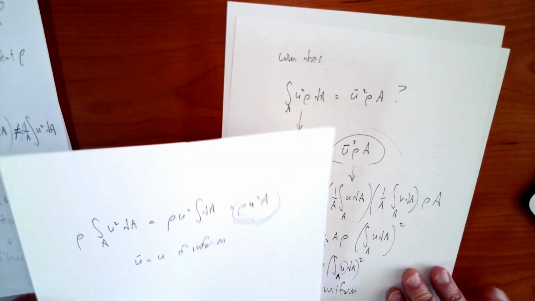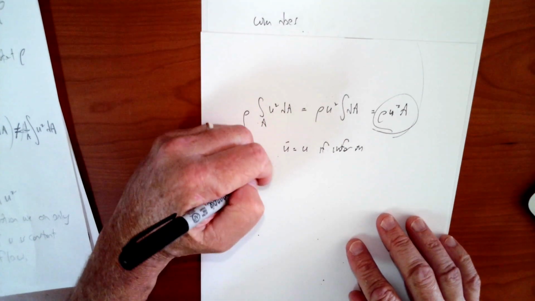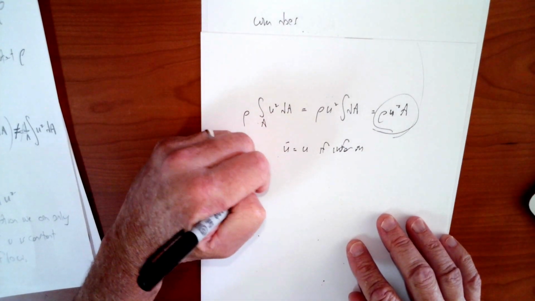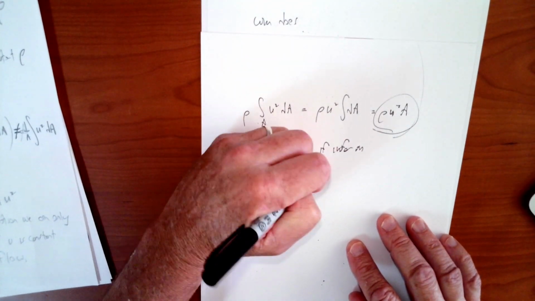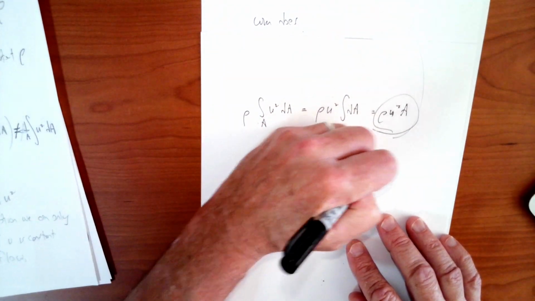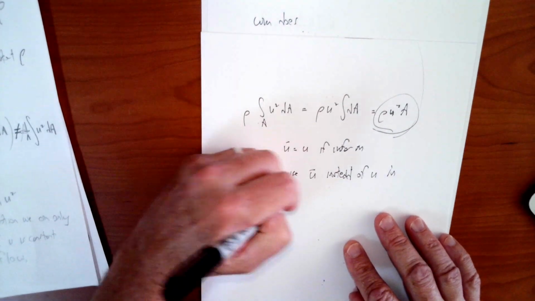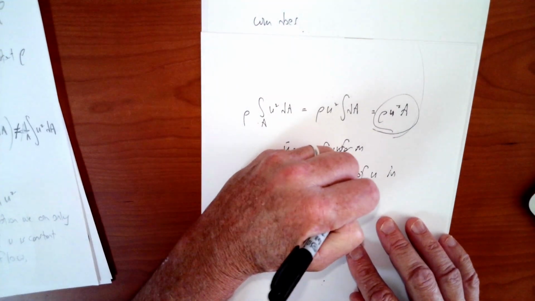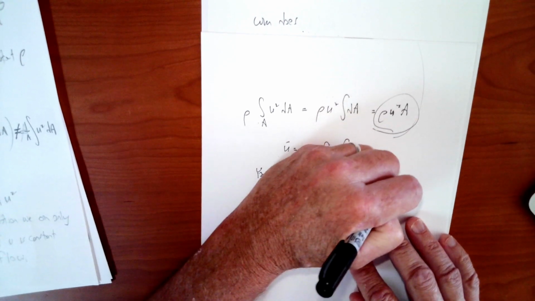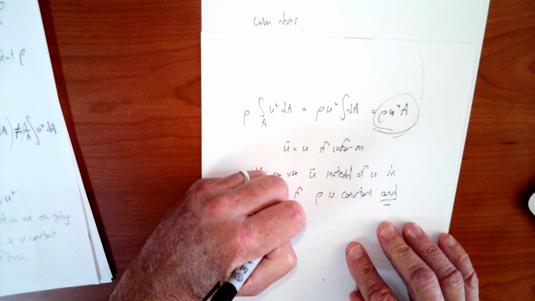So the condition for when you can use u bar instead of u in the momentum equation is if rho is constant and u is uniform.